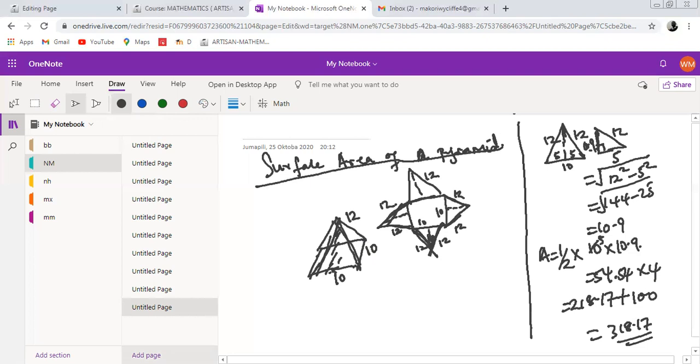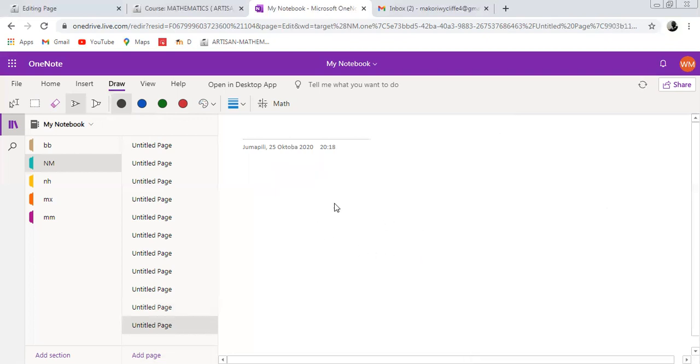If it was a rectangular base pyramid, as sometimes you can encounter in some questions, let me have it like that.